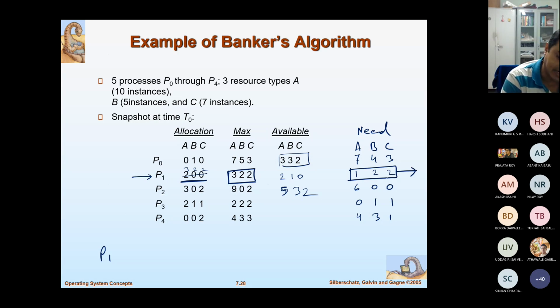So you are subtracting 1 2 from available and giving it to P1. So नया P1 का एलोकेशन कितना है 3 2 2. अवेलेबल क्या है 210. So once P1 is completed, what will happen? 322 will be added to 210.